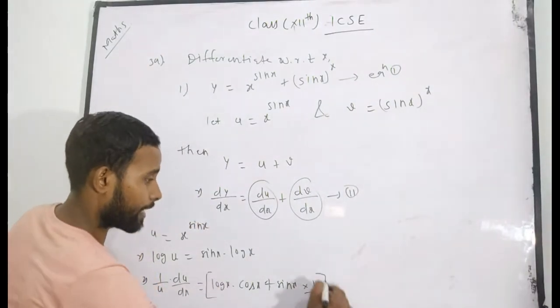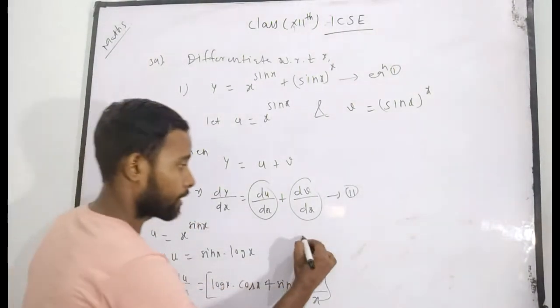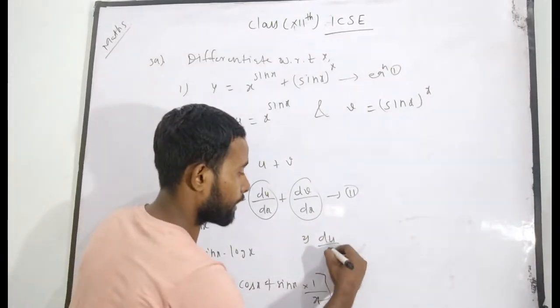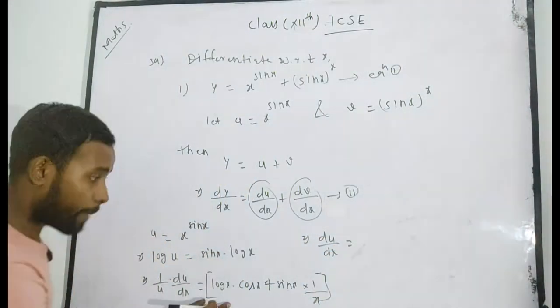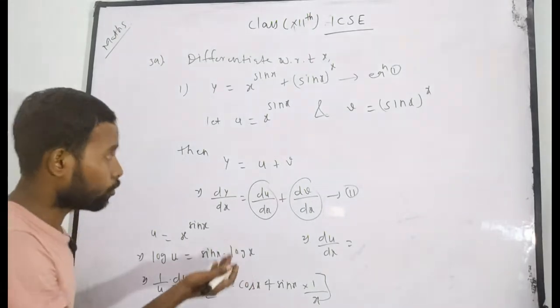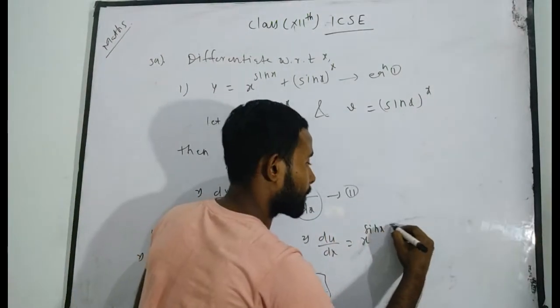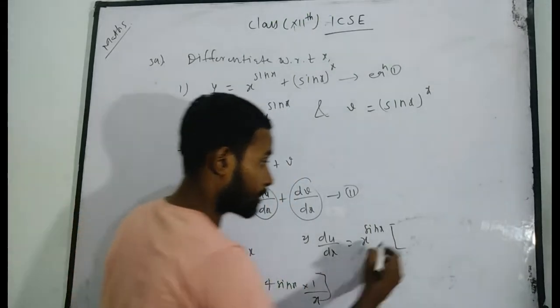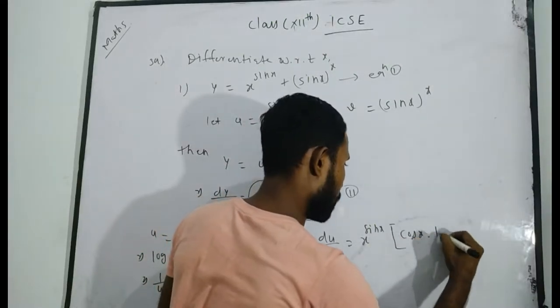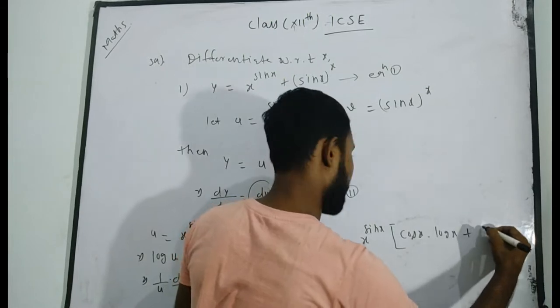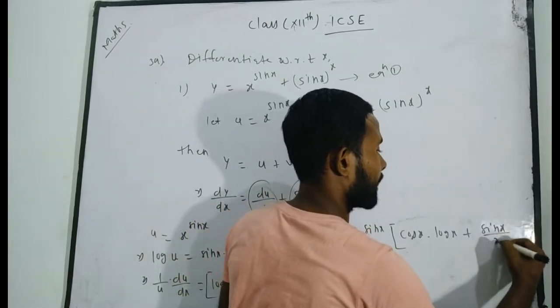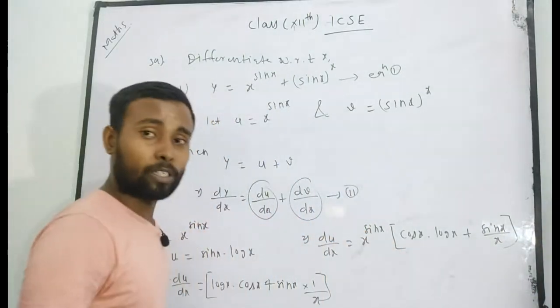This is your expression. So du/dx will be u times whole expression. What is the value of u? u will be x to the power sin x. So you can write here x to the power sin x into cos x into log x plus sin x by x. This is your du/dx.